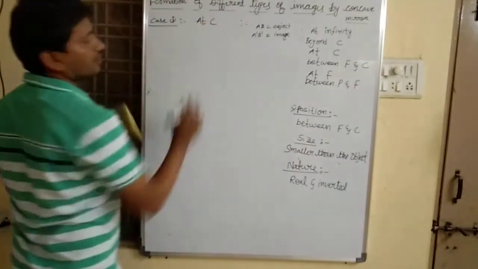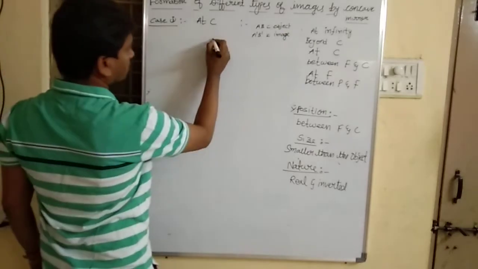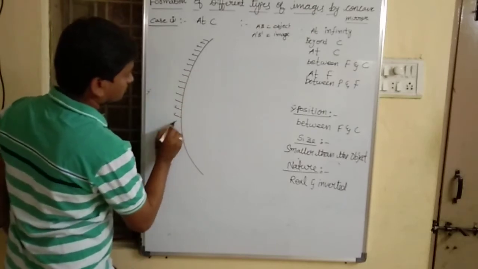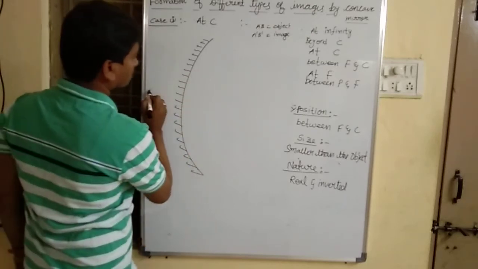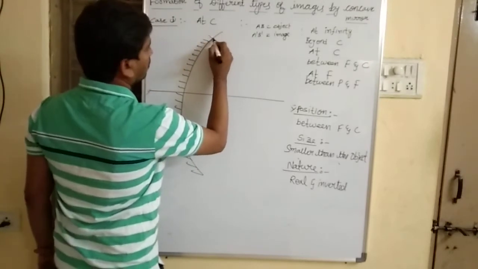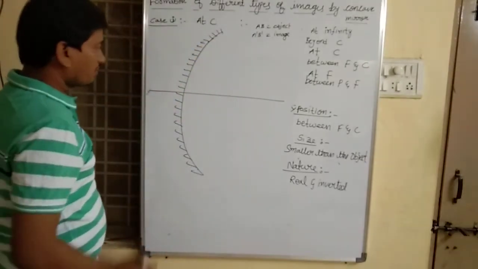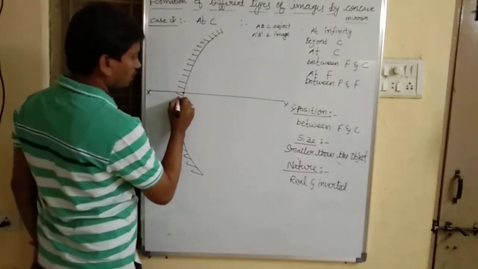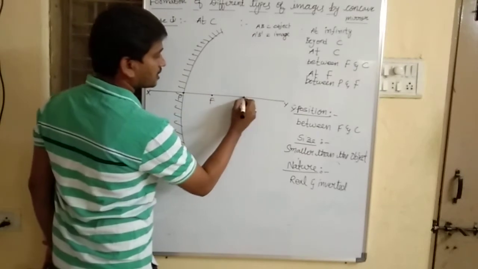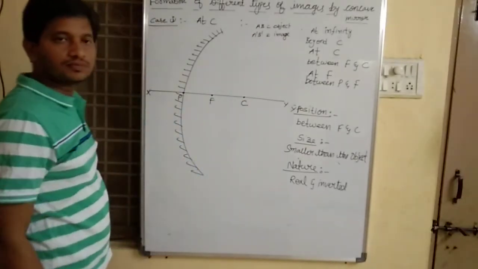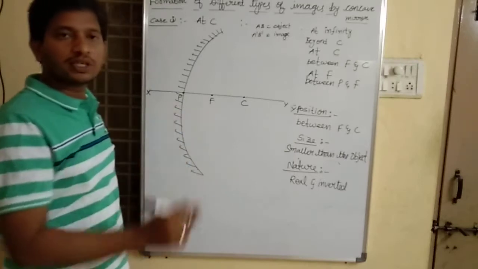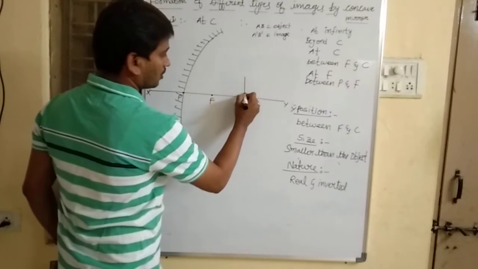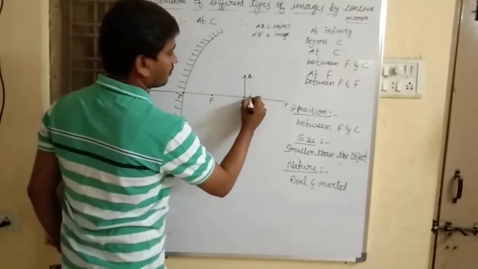If you place an object at the center of curvature, this is our principal axis, pole, focus, center of curvature. We have to place the object at the center of curvature. This is my object.